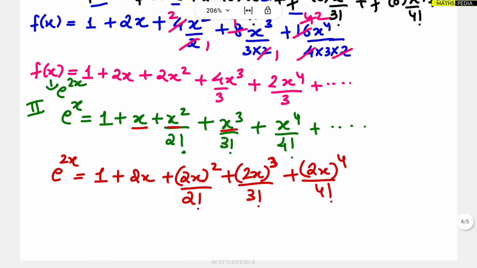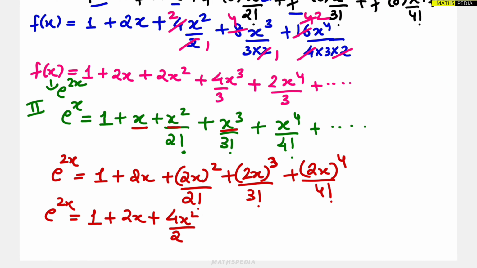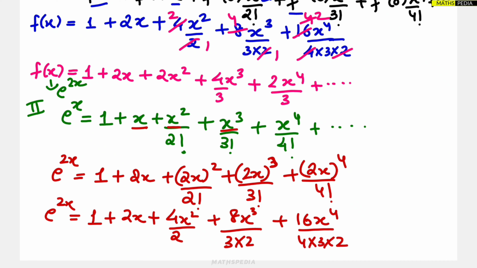Okay. Now, how to solve this? Simple. e power 2x is equal to 1 plus 2x plus, now we'll simplify this, 4x square divided by 2 factorial, which is 2, plus 2 cube is 8x power 3 divided by 3 factorial, which is 3 into 2 into 1, plus 2 power 4 is 16x power 4 divided by 4 factorial, which is 4 into 3 into 2 into 1.